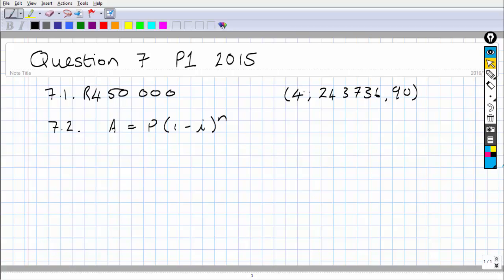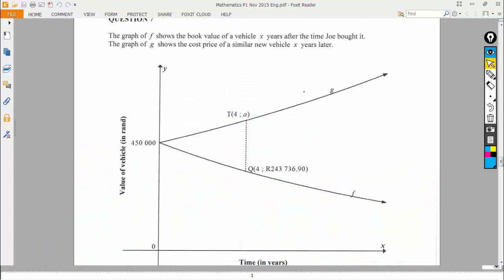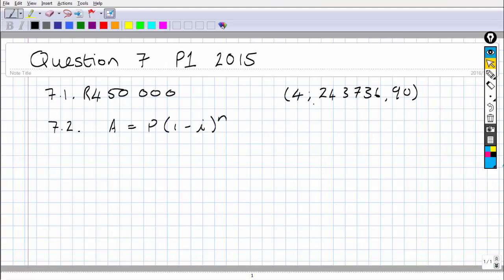That's this Q value over here. So they're saying after 4 years, that's what the car is worth. So we simply say the car is worth 243736.90. The original price was 450,000.